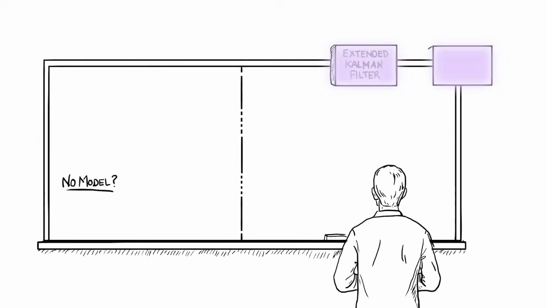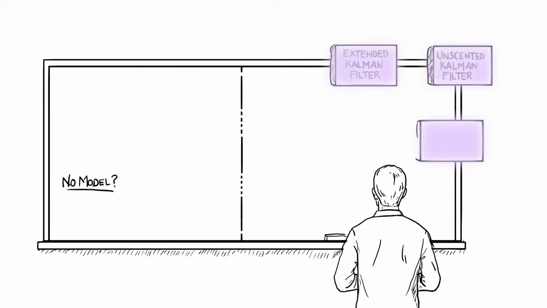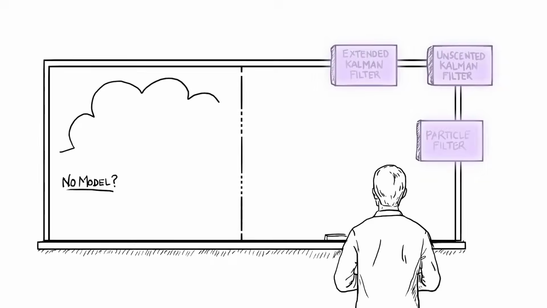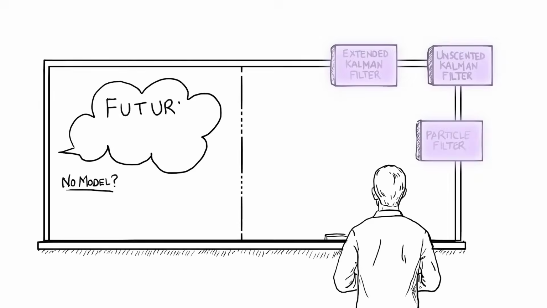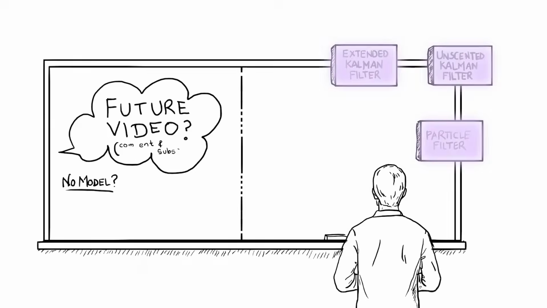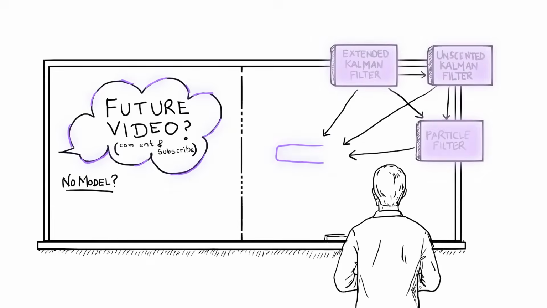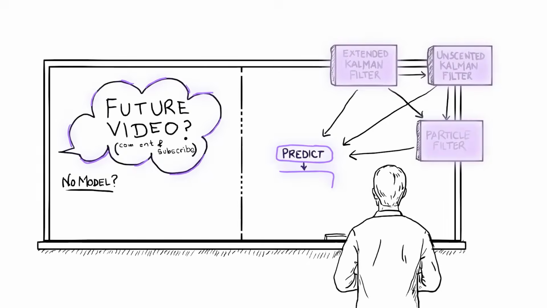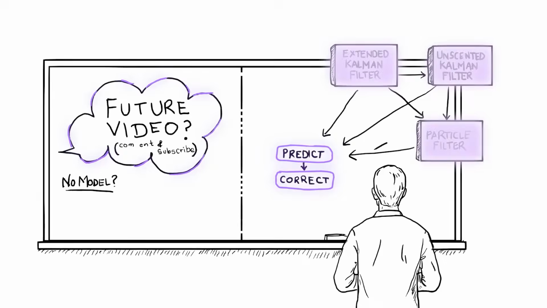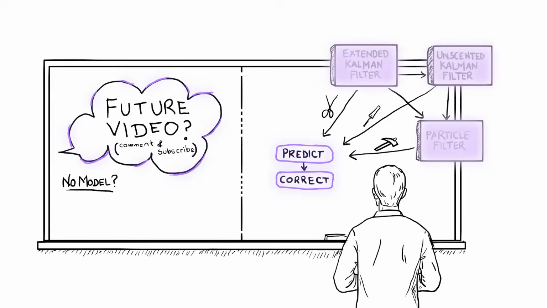But there are more advanced versions, like the extended Kalman filter, the unscented Kalman filter, or particle filters, that try to handle more chaotic or nonlinear systems. Maybe we could do a future decoding video specifically for how those algorithms work. But essentially, even for them, the principle stays the same. You still predict, you still correct, but you do it with different mathematical tools.